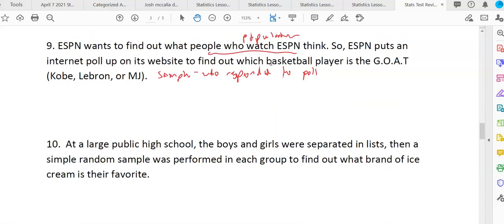Sampling method. Okay, so this is self-selected. Is it random? No, not random. Is there bias? Only people with strong feelings, only passionate sports fans, not the average fan, but just passionate about NBA basketball would respond.